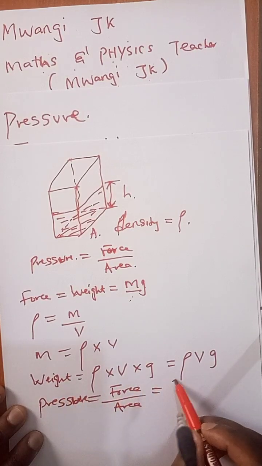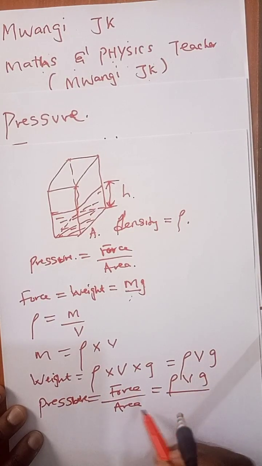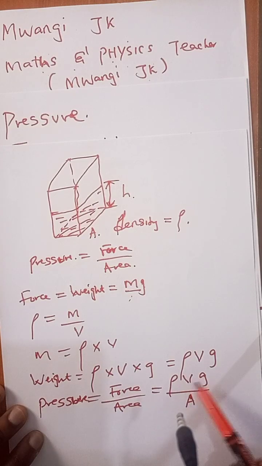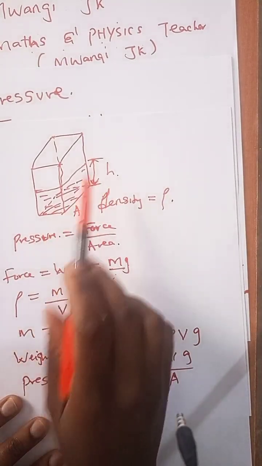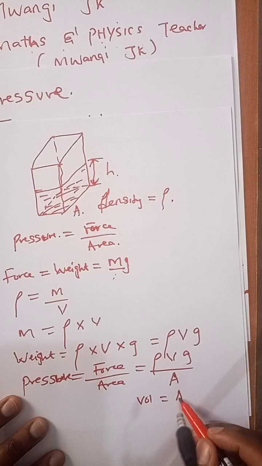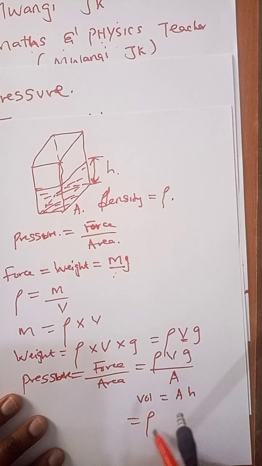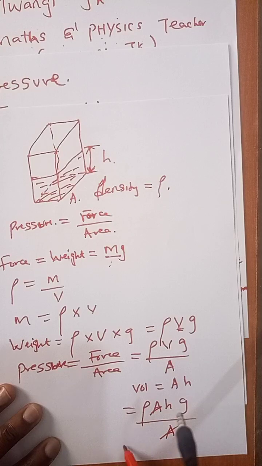Our force, which is the weight, is rho V g, and we divide by the cross-section area A. Remember, the volume is given by the cross-section area times height, so volume is Ah. Replacing volume with Ah, I have rho A h g divided by A. Dividing by A, I end up with rho h g.